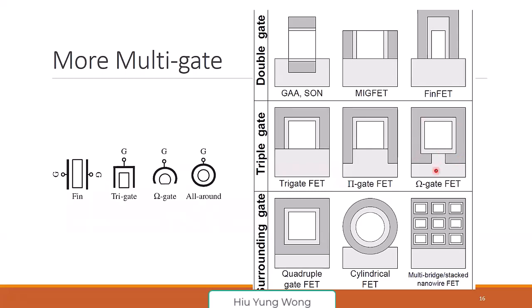Think about how we are doing lithography and etching from there, okay? And eventually all around, and that's what we call nanowire. And that is the next generation, okay? And nowadays, there's one more thing called nanosheet. It's just like nanowire, okay, but they make it a sheet, like a knife, because it's easier to fabricate.